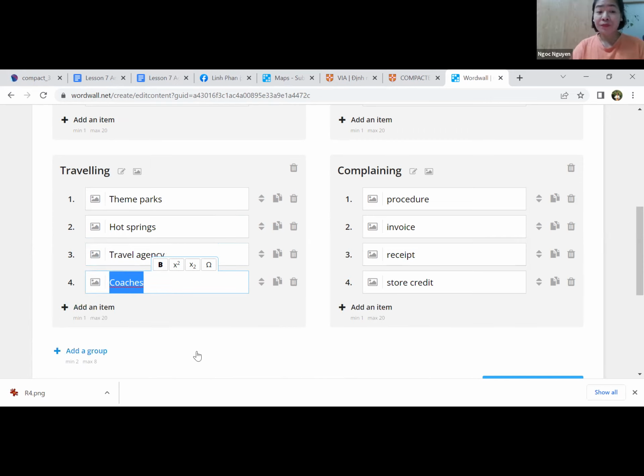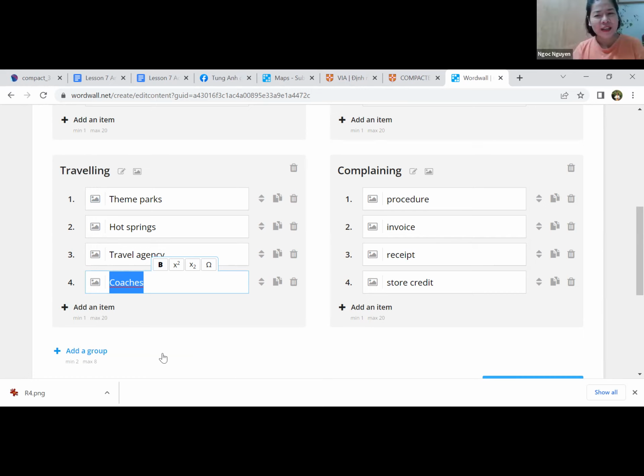And coach. Now, the word coach has different meanings in different contexts. In the context of sports, a coach is a trainer who tells you what to do, what strategies to follow so that you can perform very well. But here, the context is traveling. Then what is a coach, Phong? It's a travel for a long way.